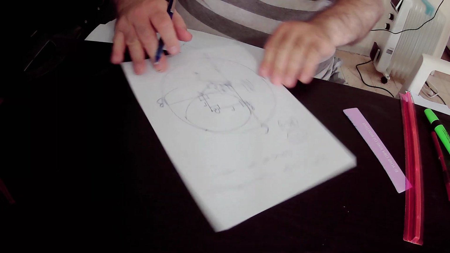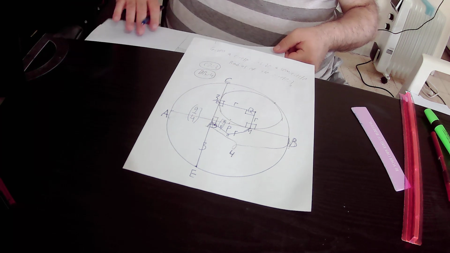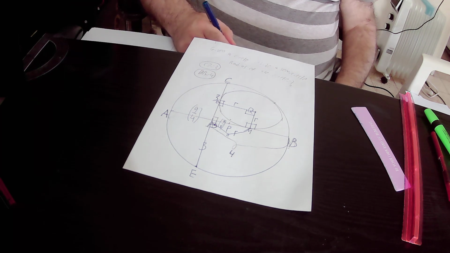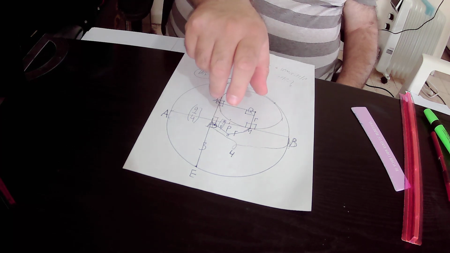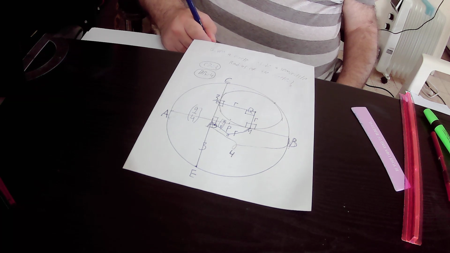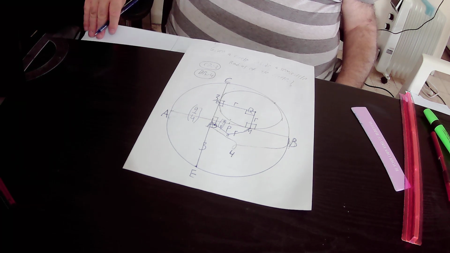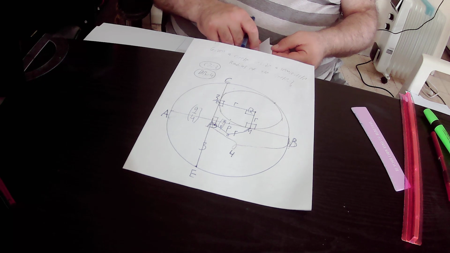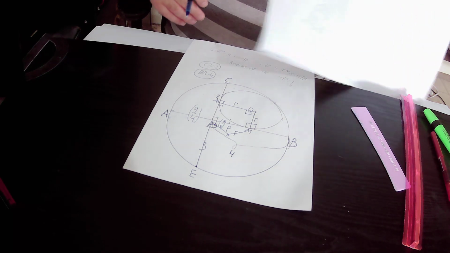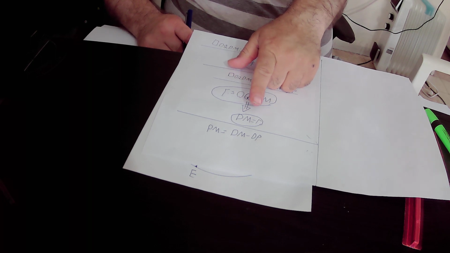For the drawing it is very easy to see that the length of line segment PM is equal to DM minus DP. I'll repeat again. PM equals DM minus DP.